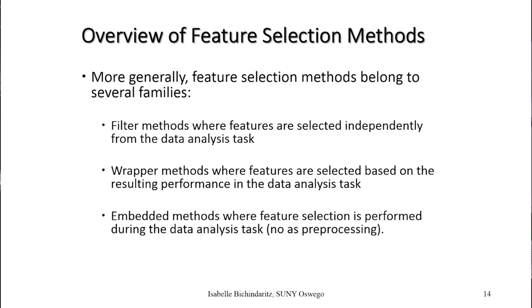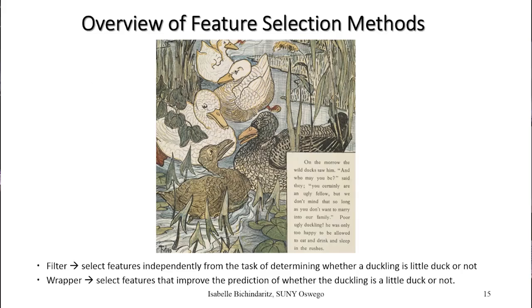In that case, this is not really a preprocessing task or part of the preprocessing task. So here, for example, the filter method would select features independently from the task of determining whether a duckling is a little duck or not. And the wrapper method will select features that improve the prediction of whether the duckling is a little duck or not.